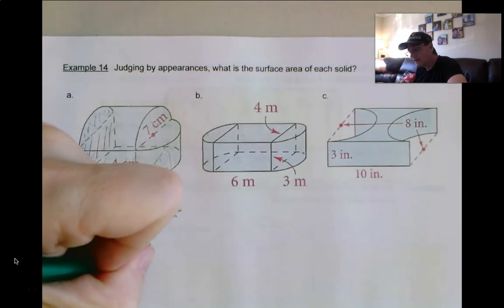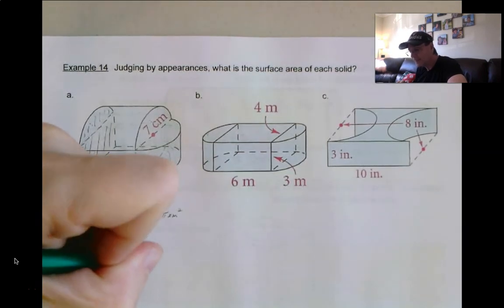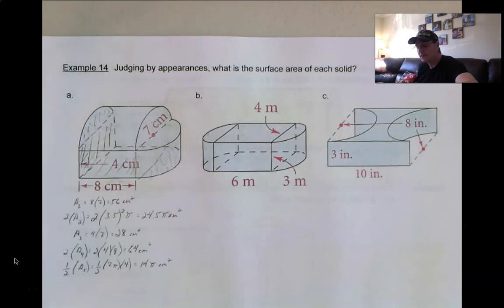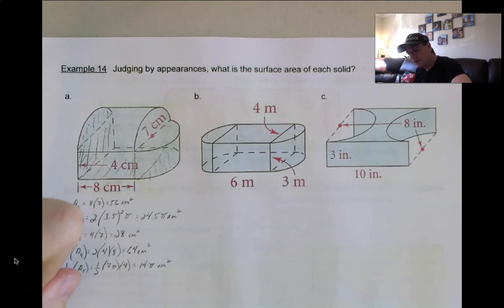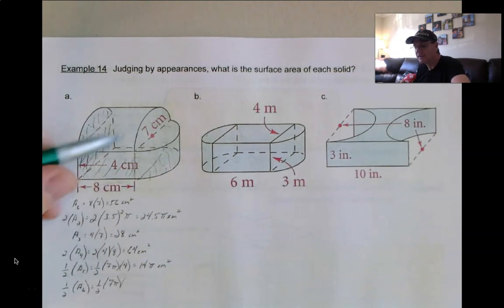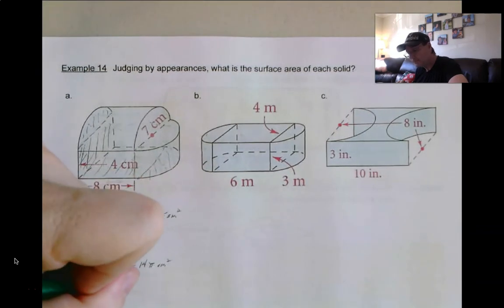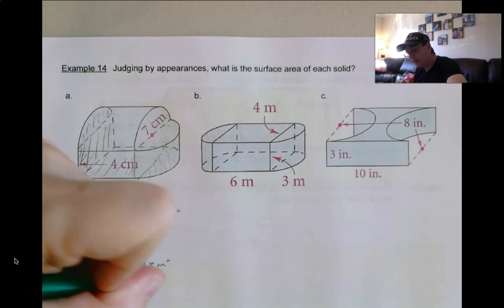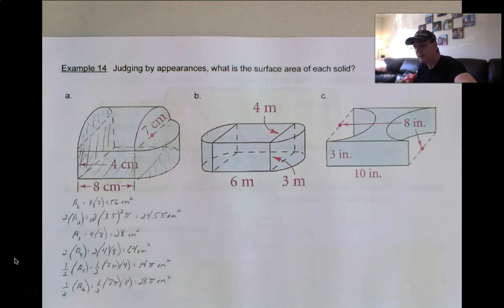So 14 pi centimeters squared. Same thing at the top, we have half, area 6, half the circumference again is 7 pi, only this time the height of this cylinder at the top is 8, or 28 pi centimeters squared.